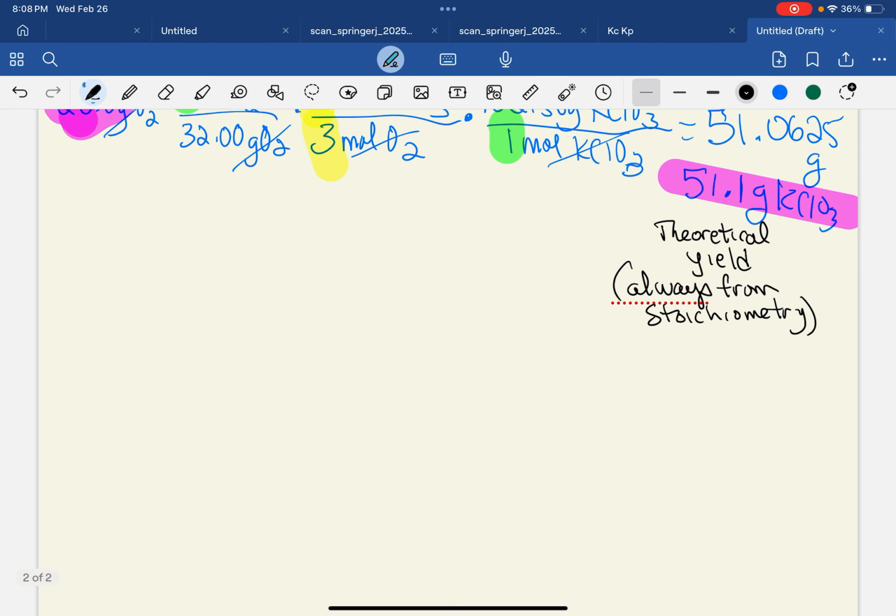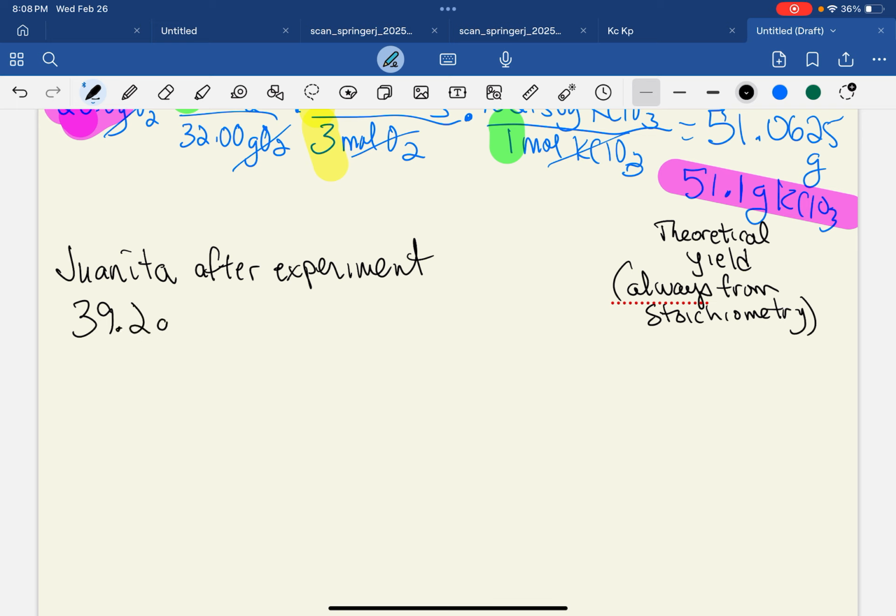All right, so the problem might say something like this. Juanita did the actual experiment where she collected and dried and measured off 39.2 grams of KClO3.